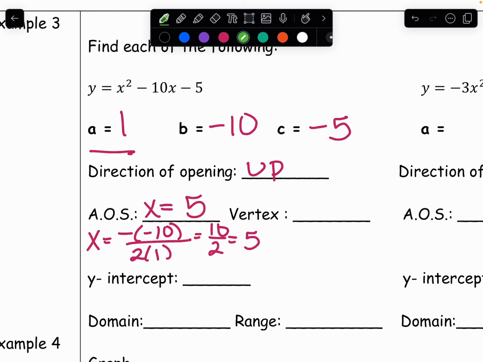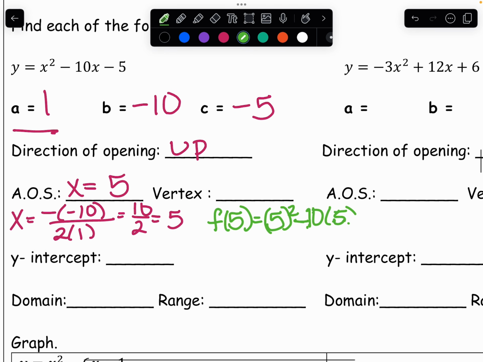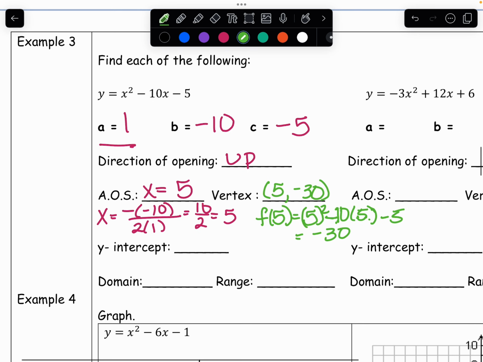Now I'm going to take my equation and plug 5 in. So again, we're going to have 5 squared minus 10 times 5 minus 5. If you plug this in, you should get negative 30. And so our vertex is (5, -30).